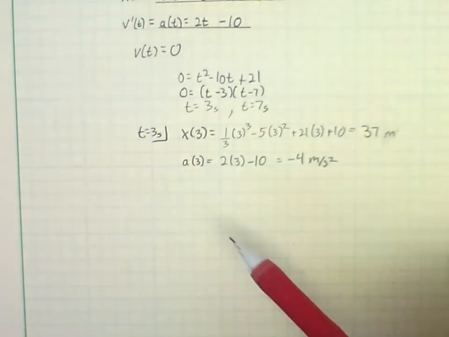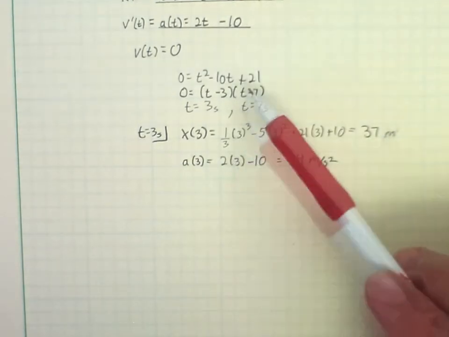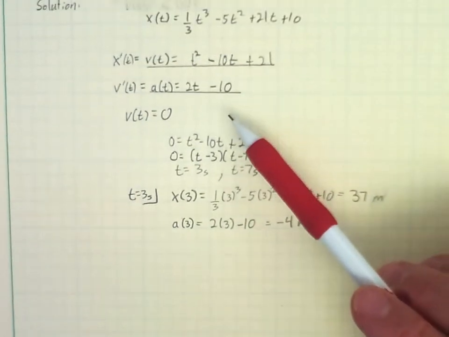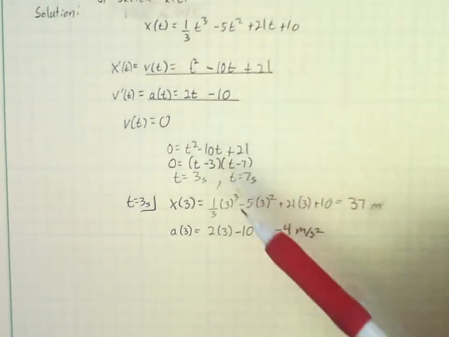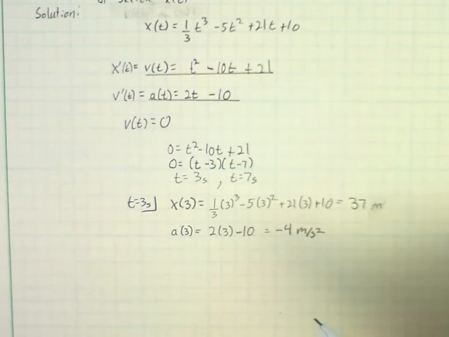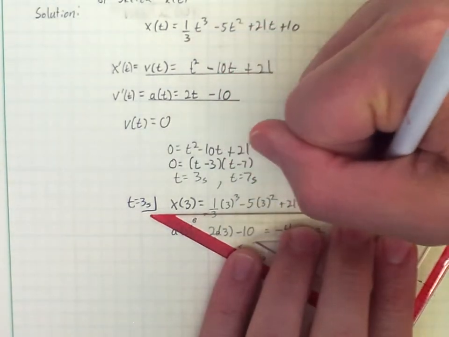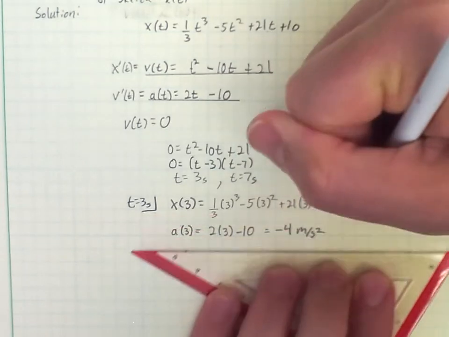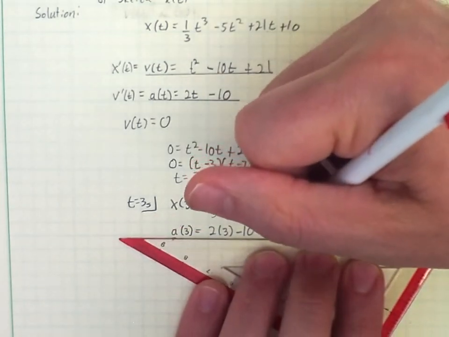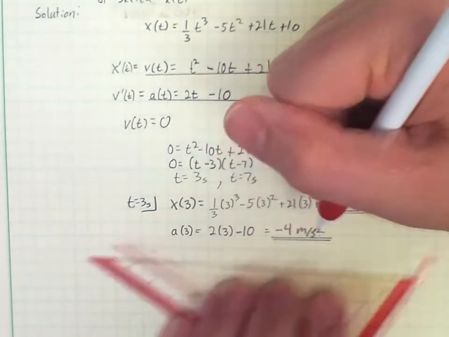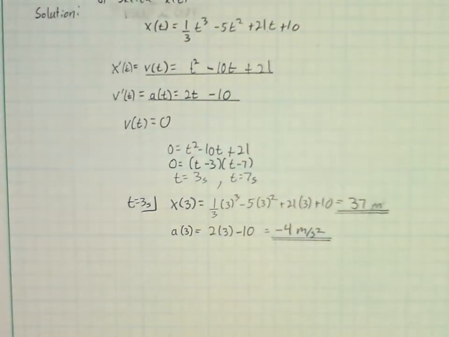And then to determine the acceleration at 3, I would just plug it into our acceleration function. 2 times 3 minus 10, I get negative 4. I'm not so much worried about significant figures in this one. It didn't tell me exactly where to round to. These do come out as exact integers, so I could put as many zeros as they require after it. So that's where we're at when t equals 3.